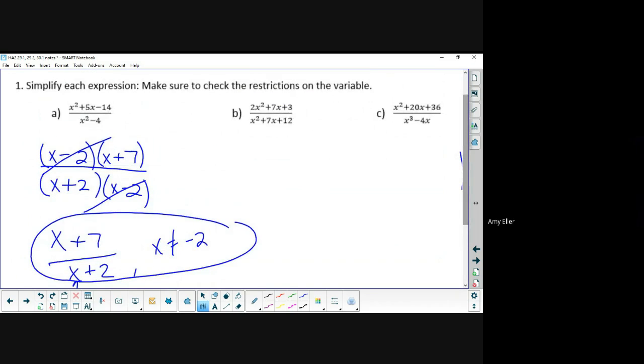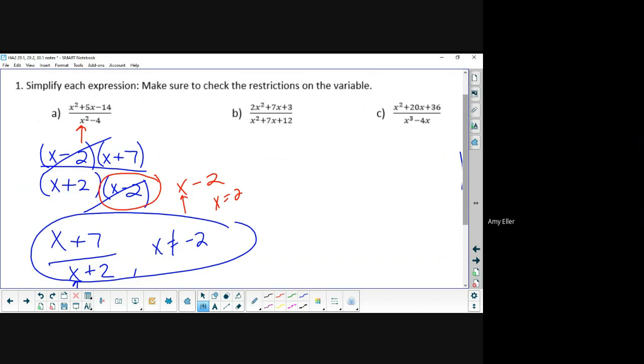Let's look here. Even though we crossed this out, it said x minus 2. What x would have caused a problem there? 2. Now, do I need to include that or not because it was crossed out? Well, let's see. If I plugged 2 into the original, 2 squared minus 4, can I have that?